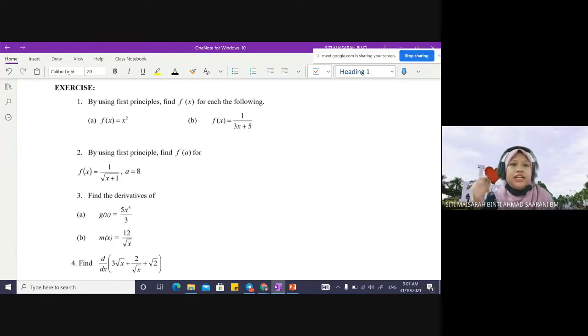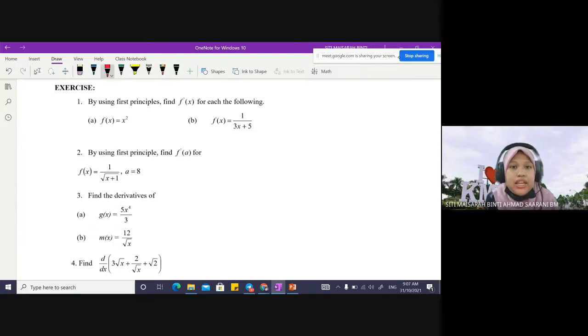Yang ini kita pakai yang fx plus h lah. Dia tak bagi point kat sini kan. Kalau bagi point yang pakai yang fx tolak fa tu over x minus a. Dia tak bagi point pakai yang formula f prime x equals to limit h approach 0 fx plus h minus fx over h. Okay. Cuba buat ni.